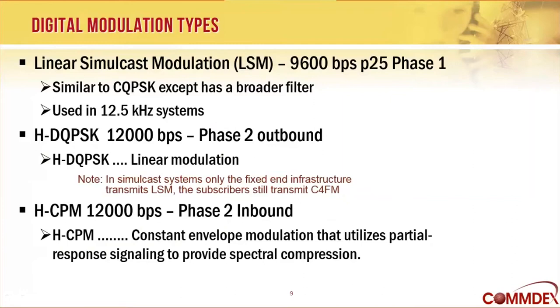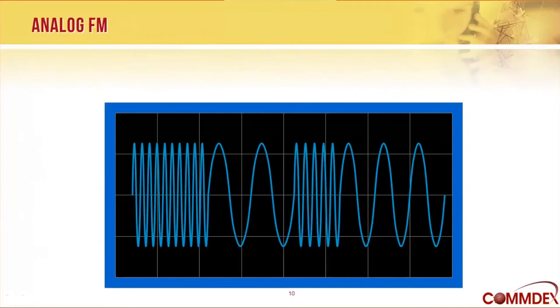So we provide that type of modulation on the outbound side of simulcast. The inbound, we use a different type of modulation called HCPM, constant envelope modulation. And that's purely for phase 2.